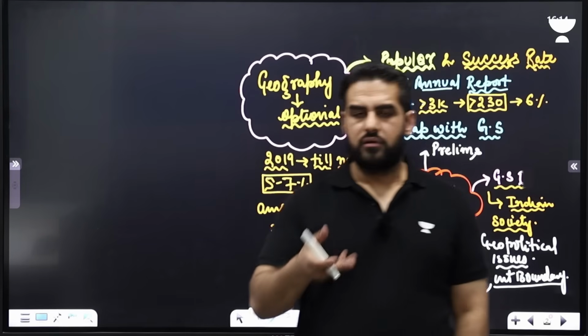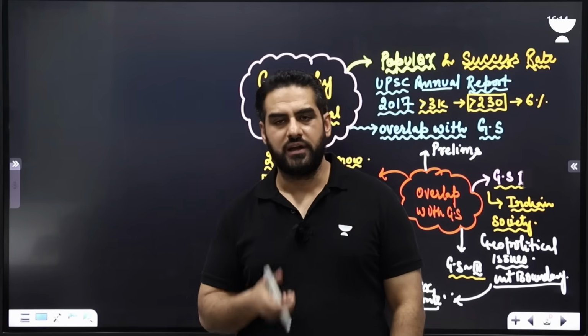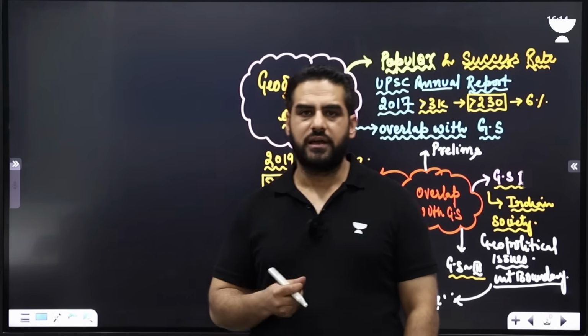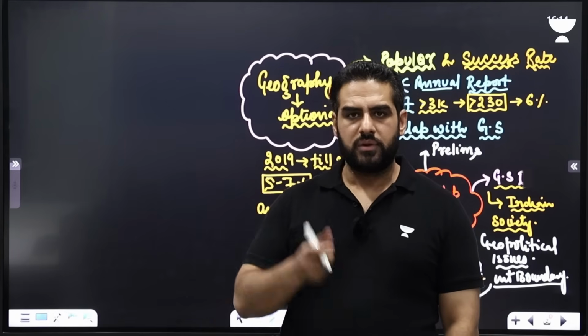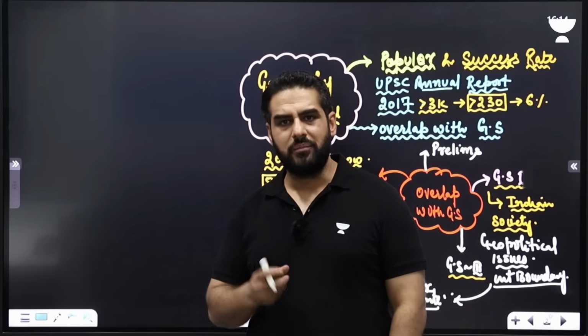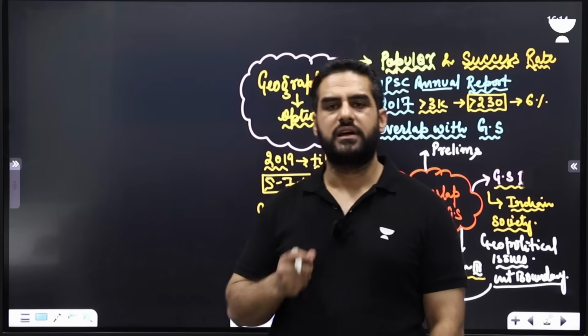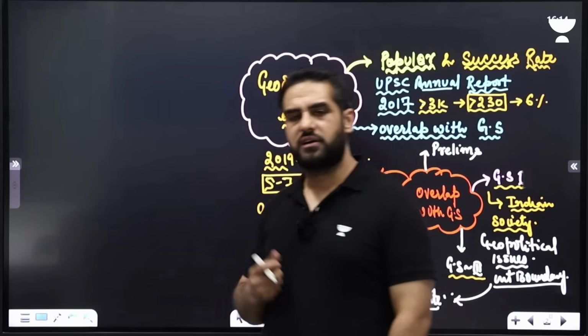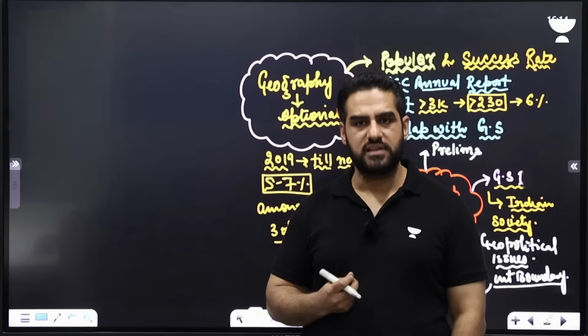It can be with respect to the river Brahmaputra, India and China, or the river Kali between Nepal and India, or it can be internal water disputes within India. Like Kaveri is one, Krishna is there, Yamuna-Satluj link is there.